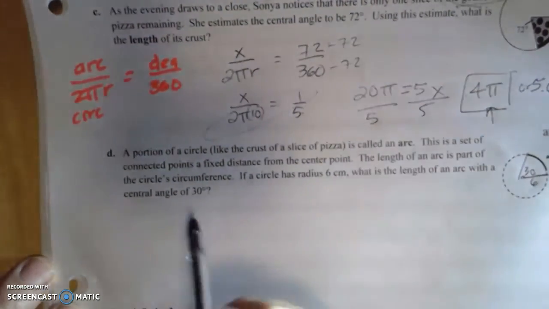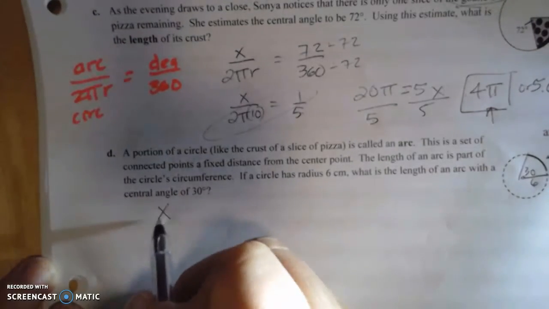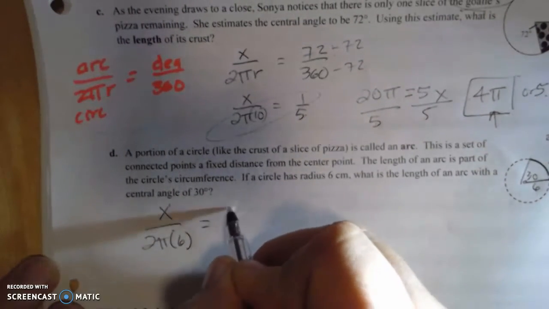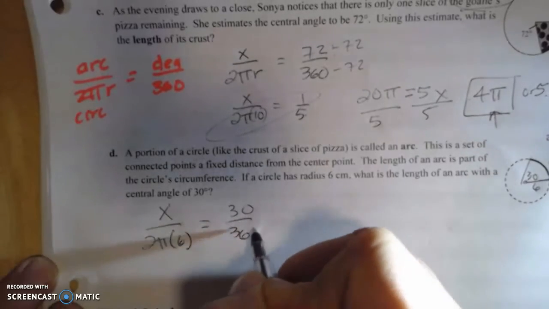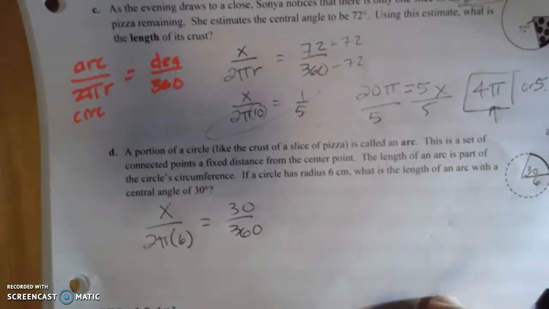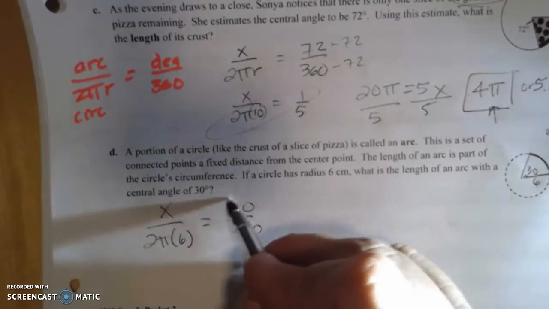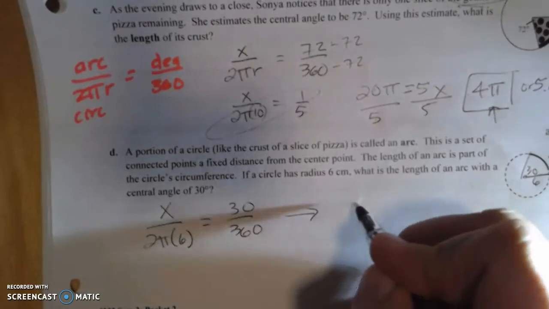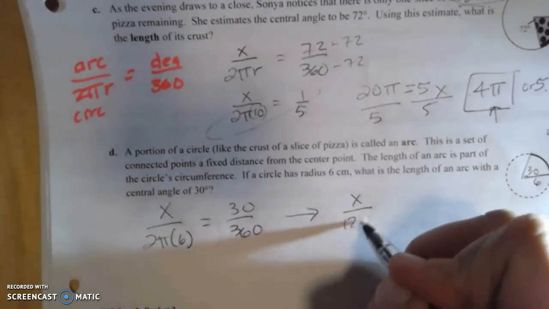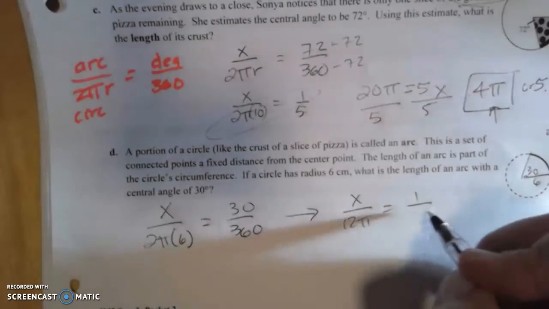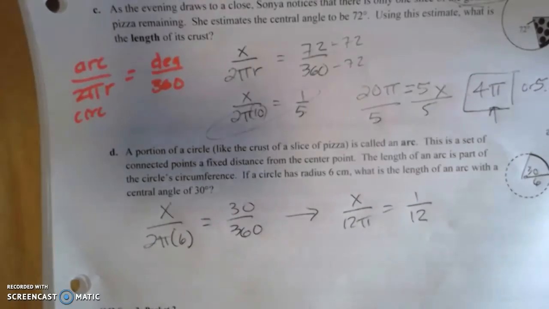So our formula, arc, is what we're looking for, over 2 pi times our radius of 6 is equal to 30 over 360. Okay, so we're going to reduce this, because life is so much easier if it becomes x over 12 pi equals 1 over 12. 30 goes into 360 12 times.